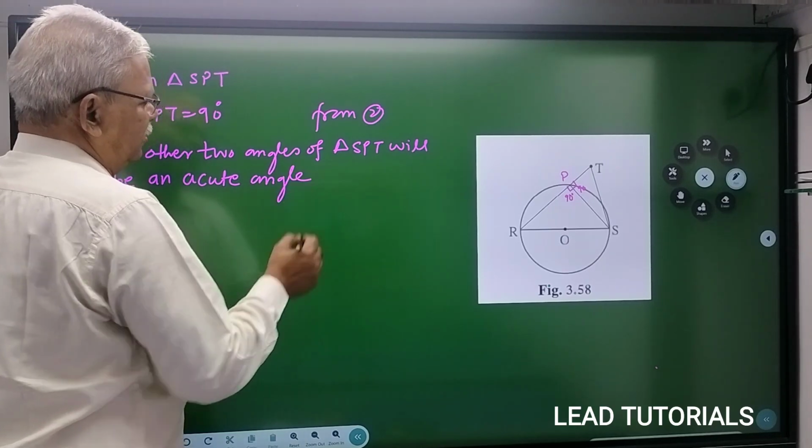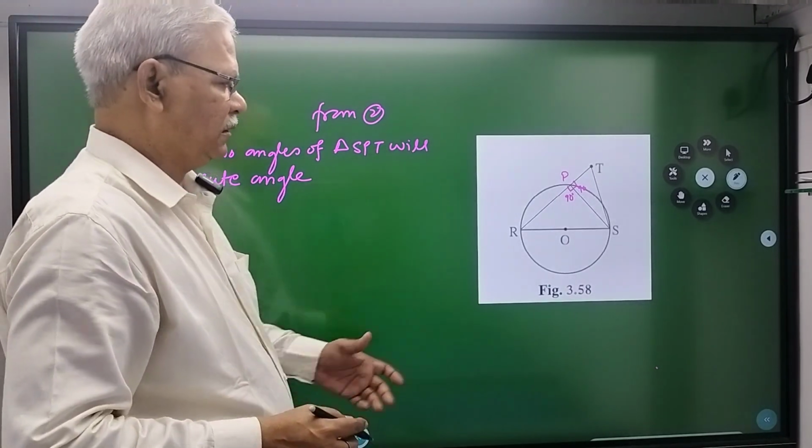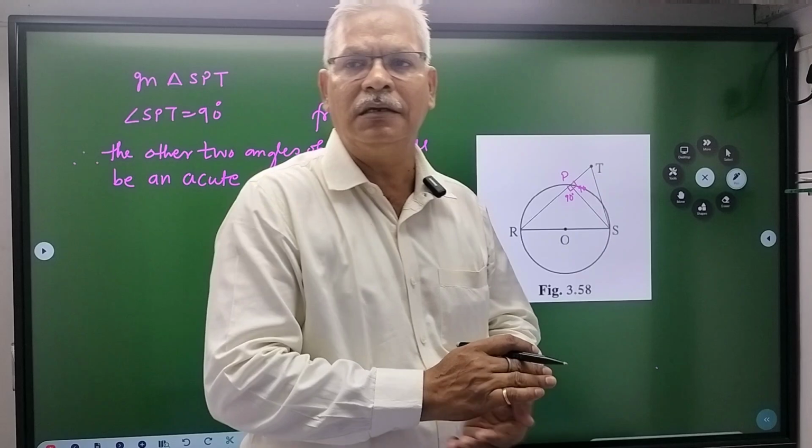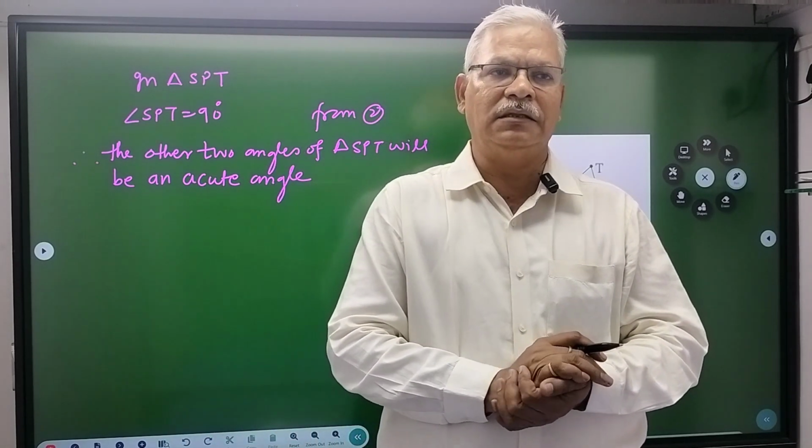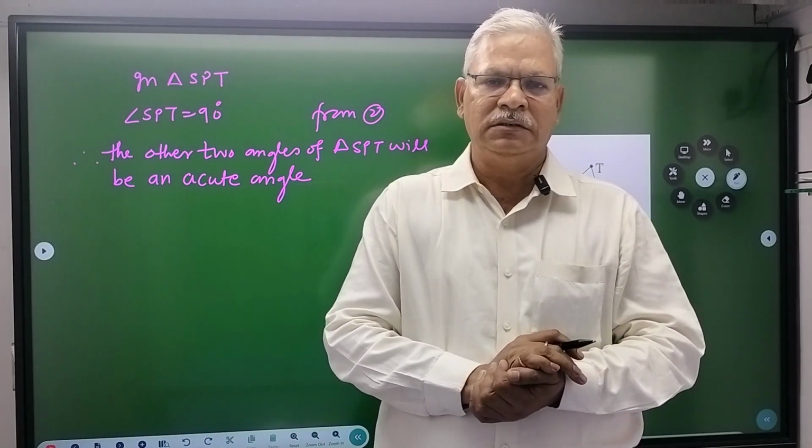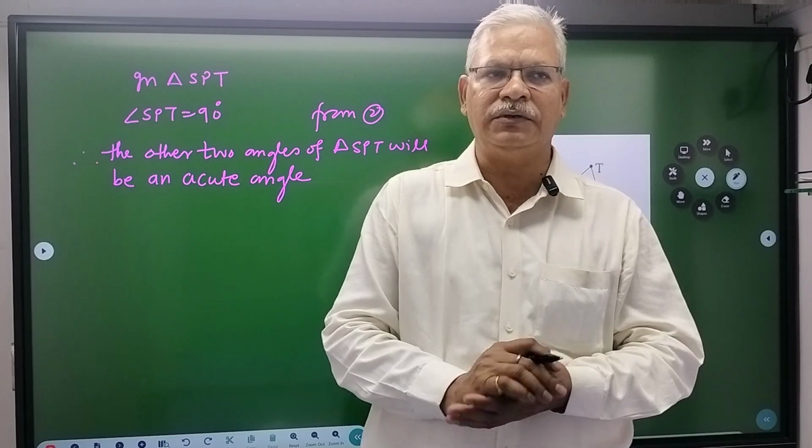Why? Because in a triangle, if one angle is 90, then the other two angles should be acute angles.